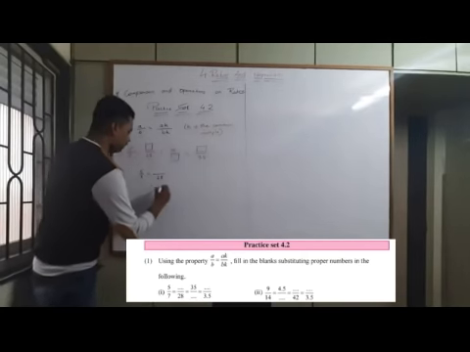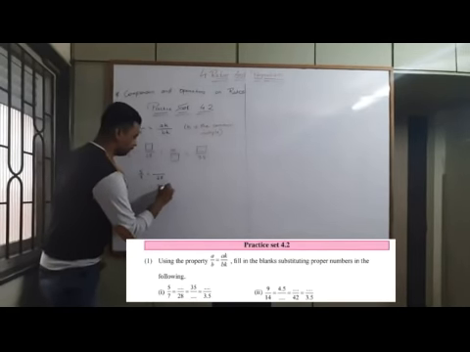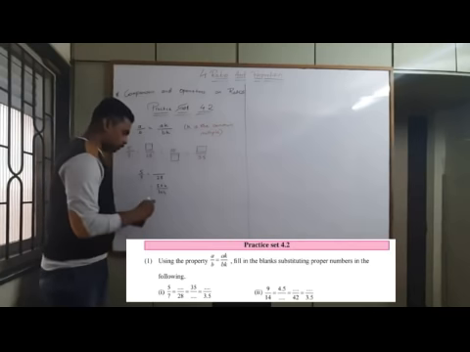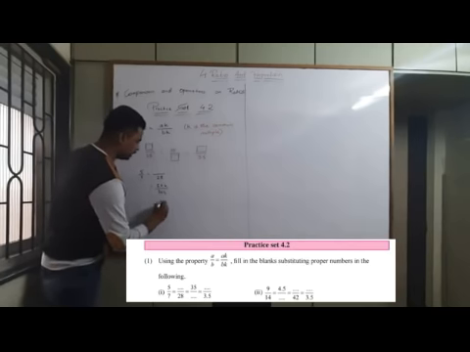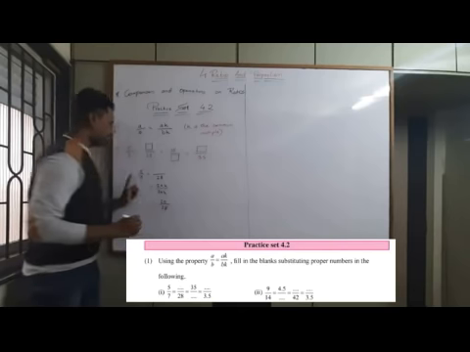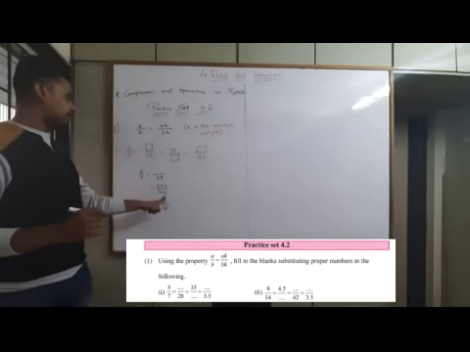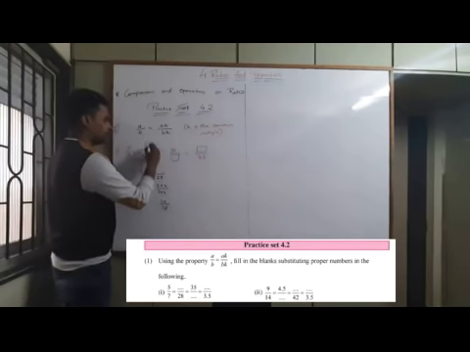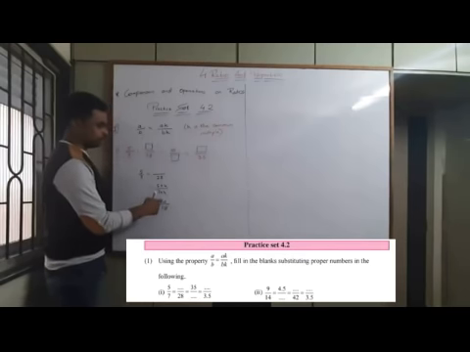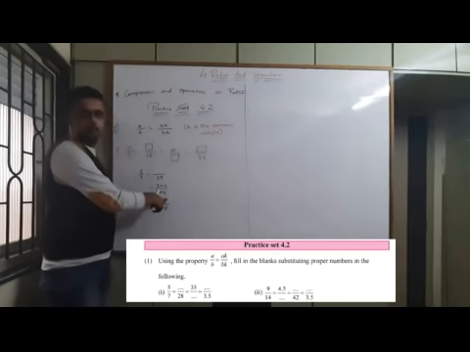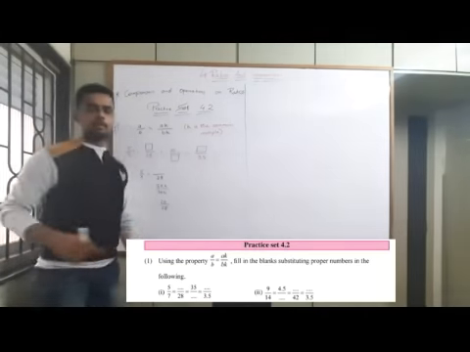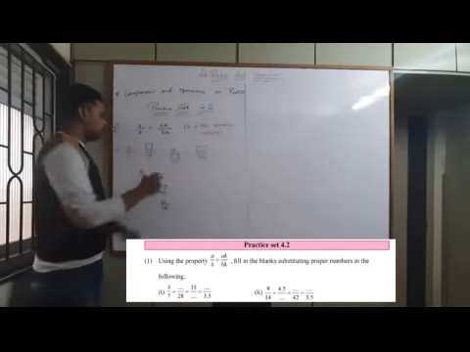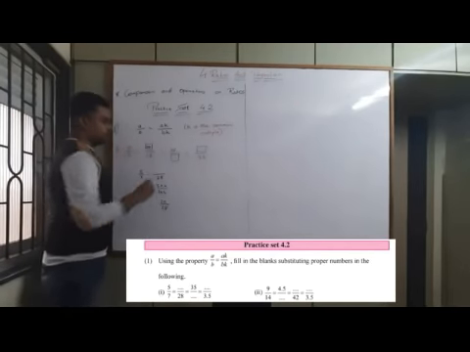Hence the numerator will also be 5 multiplied by 4, which gives me 20 upon 28. When I multiply the denominator 7 by 4, I get 28, and the same number is multiplied in the numerator, so my new value is 20.